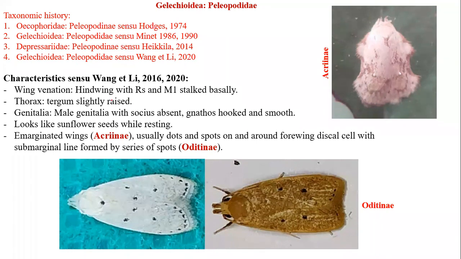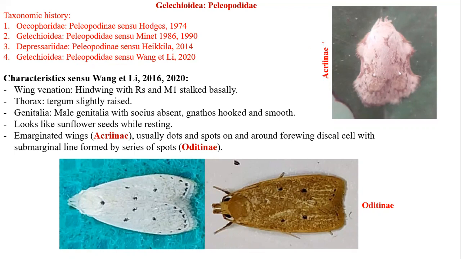Well, this family is well defined by its wing venation and thoracic characteristics. However, this family contains at least two subfamilies, subfamily Acriini and subfamily Oditini. And I think that if we try to understand the characteristics of these two subfamilies, we can identify this family easily.